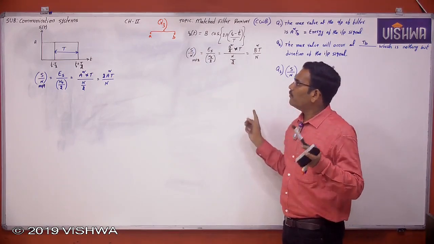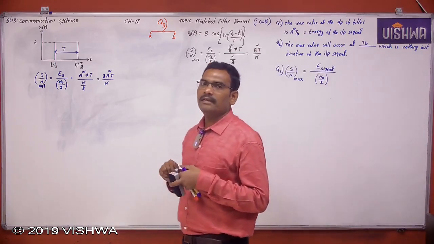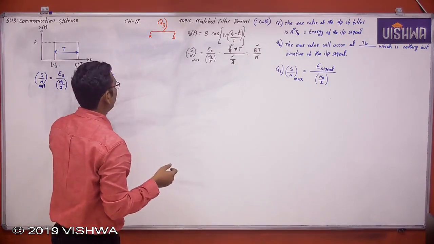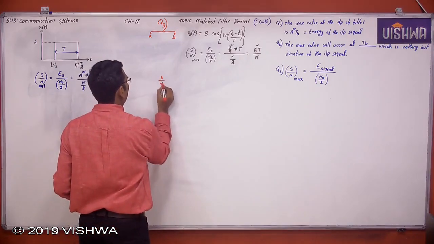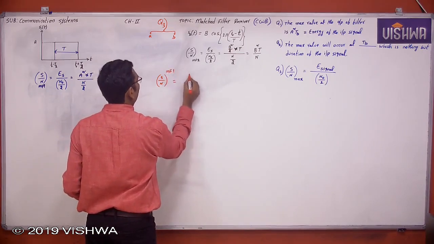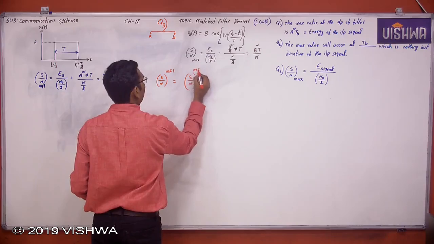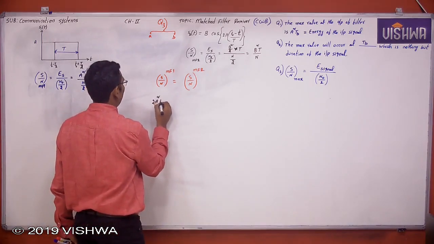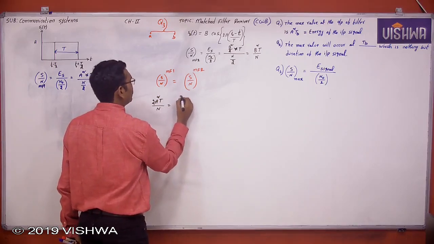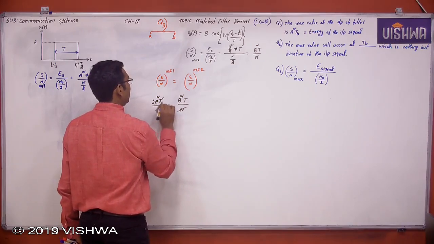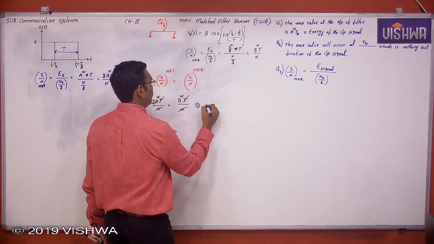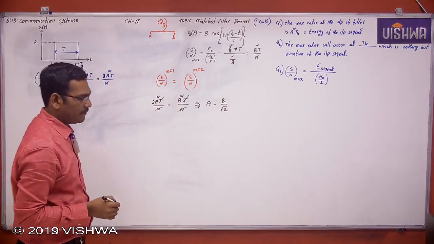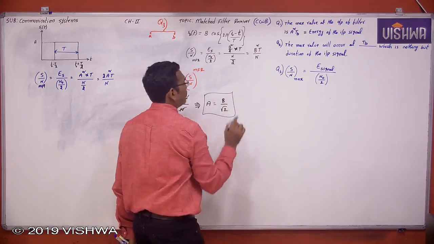Now B bit is, if both matched filters' signal to noise ratios are same, then find the relation between A and B. The signal to noise ratio of matched filter 1 is equal to the signal to noise ratio of matched filter 2. 2A square T by N is equal to B square T by N. N cancels, T cancels, which gives A equal to B by root 2, or B equal to root 2 into A. Okay, this is the relation between A and B. This is question number 3, linked answers.